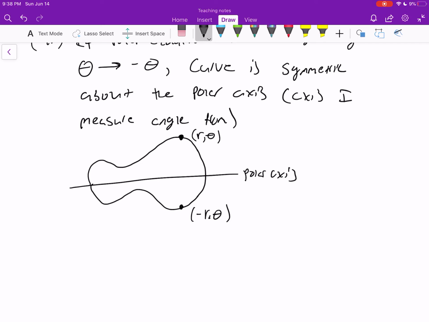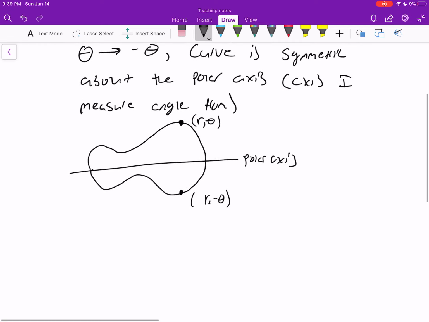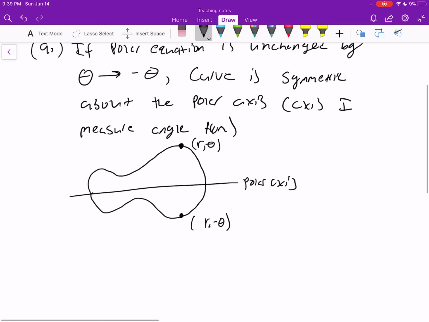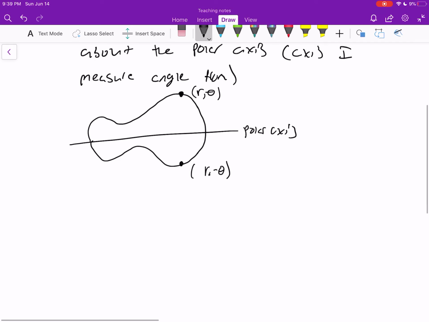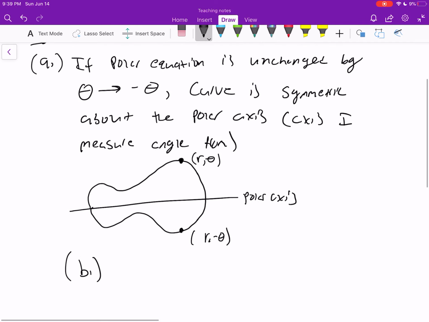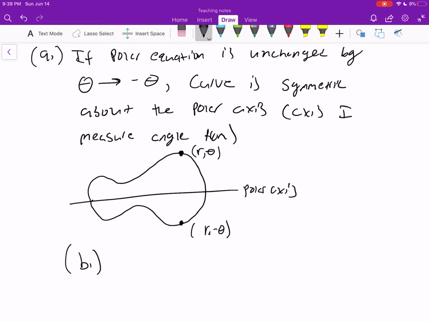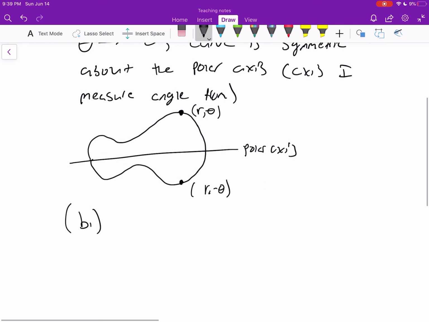Again, you can think about it as the axis you measure angle from. And this curve has the same value of r for both of those. Okay, so that's going to be that example. If you were drawing something like part A, you could draw half the curve and then reflect it about the polar axis.